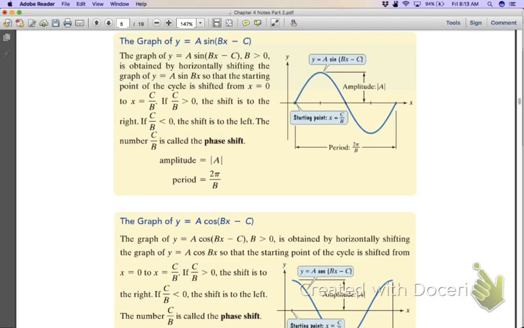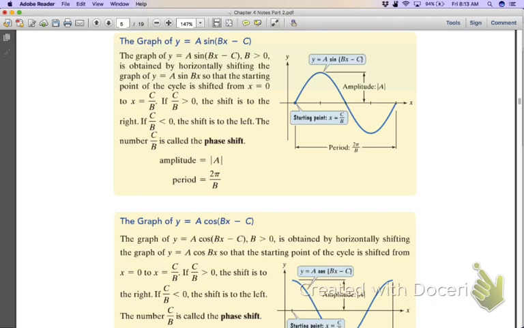We're going to use that value B, the number that's in front of X, and then whatever is with our C value. It's like when we deal with H and K. To be perfectly honest with you, I would rather write this as BX minus H because that's what you're accustomed to seeing. It's all the same thing as far as what you're doing.